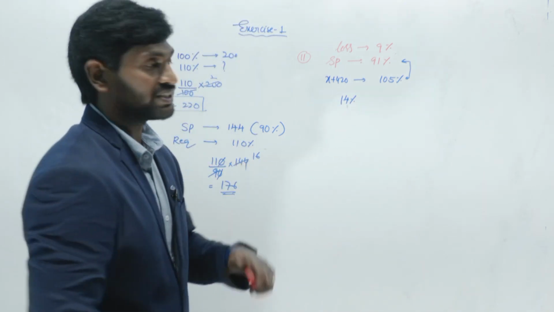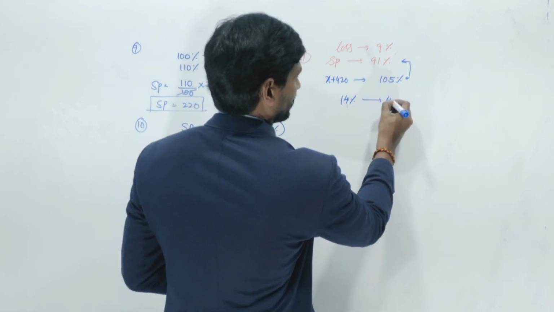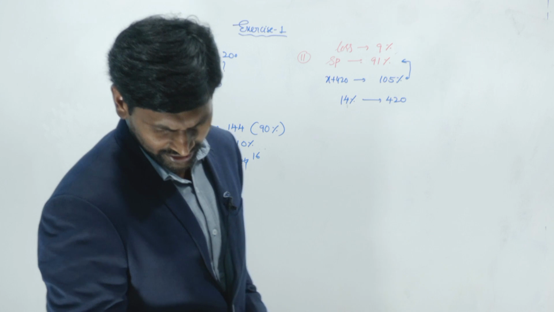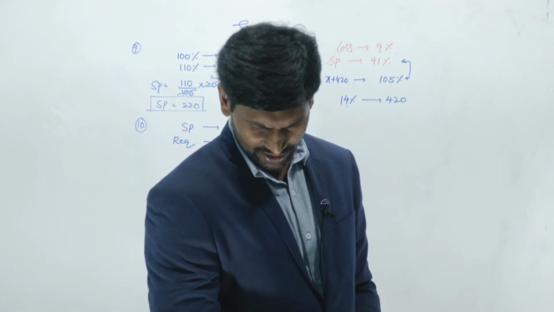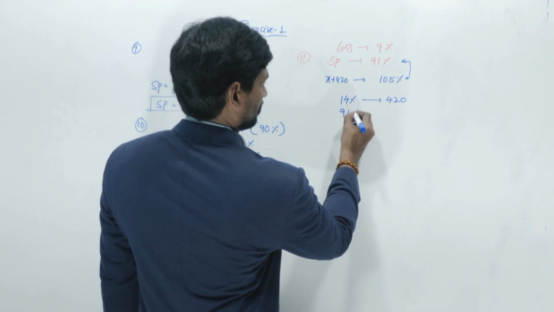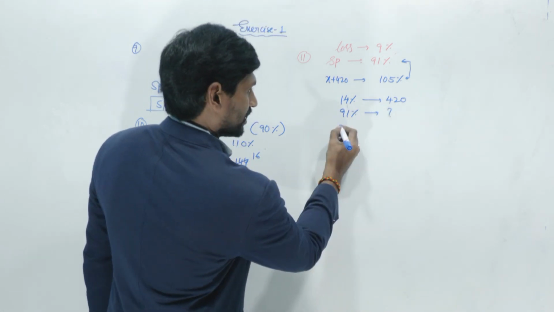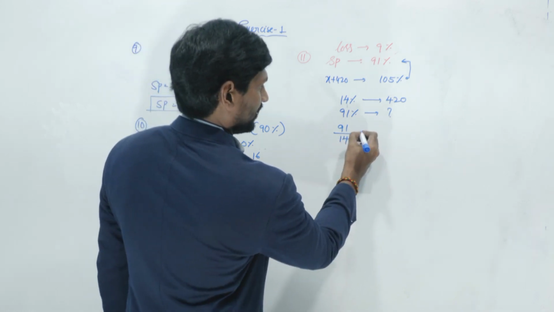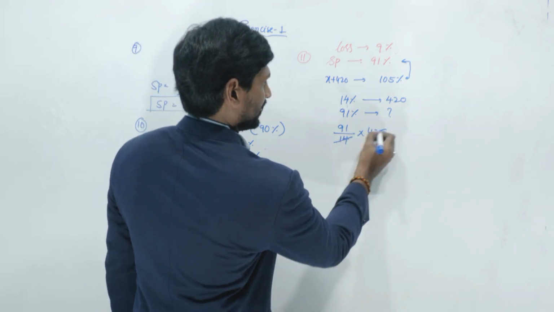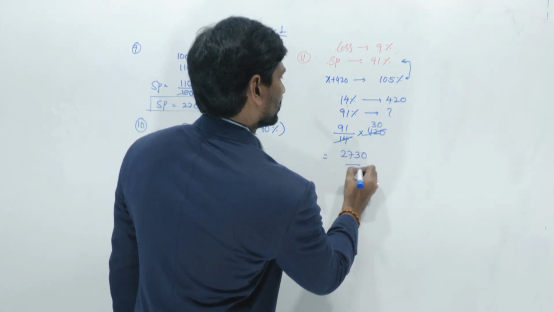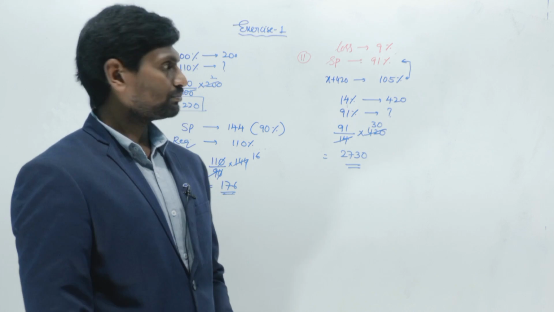That means 14 percentage value is 420. We need to identify the selling price of the watch. Actual selling price, 91% how much? So 91 by 14 into 420. So 3 times 30 times cancel. So 2730 rupees.